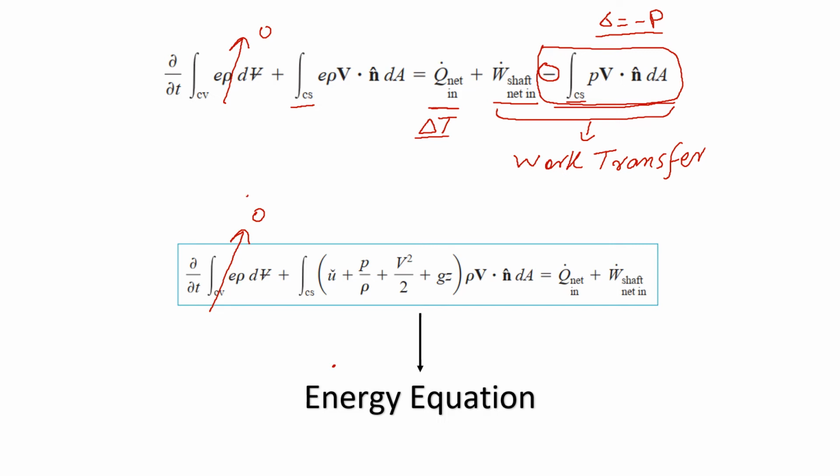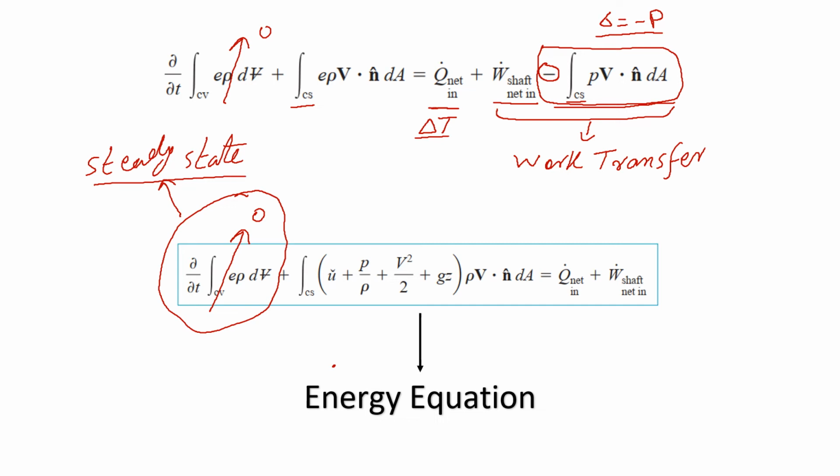But this term, that is the partial change with respect to time and the flow of energy inside the control volume with respect to time, will be equated to 0 because we are dealing with steady state flow problems throughout. So that's what we're going to do in the near future, we will be dealing with steady state problems, and this term will be equated to 0.